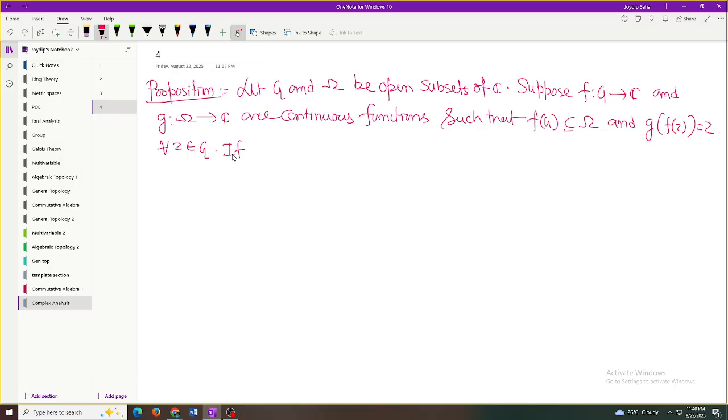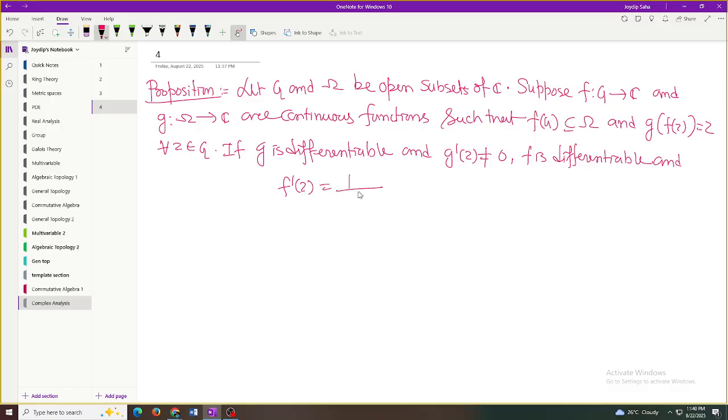If g is differentiable and g dash z not equal to 0, then f is differentiable and f dash z equals 1 over g dash f(z). Proof.